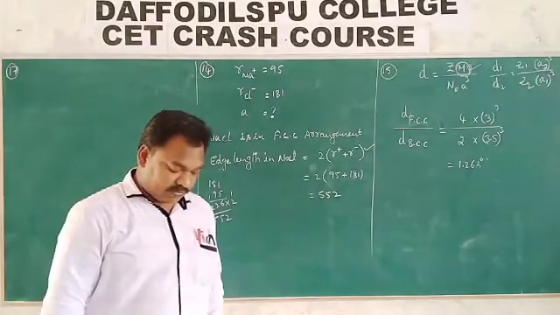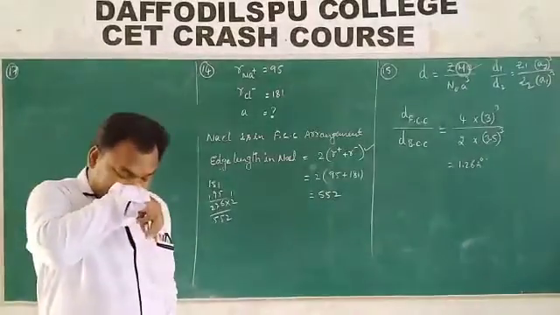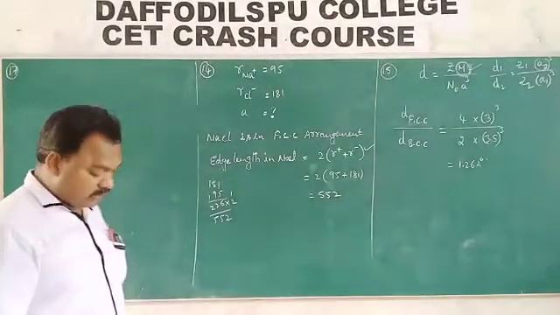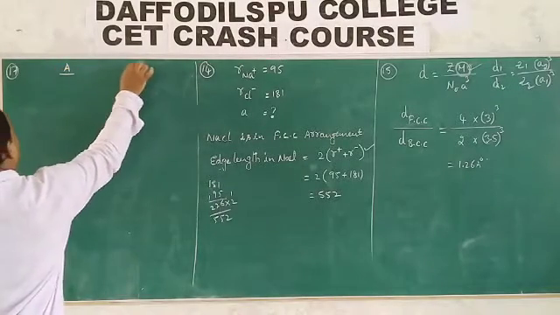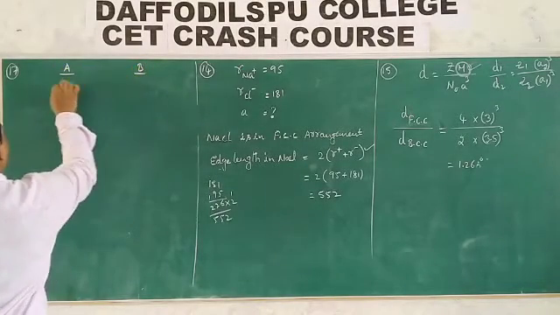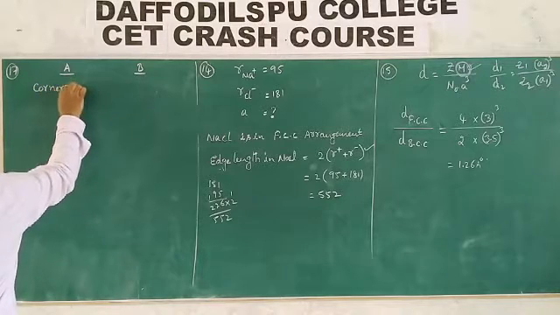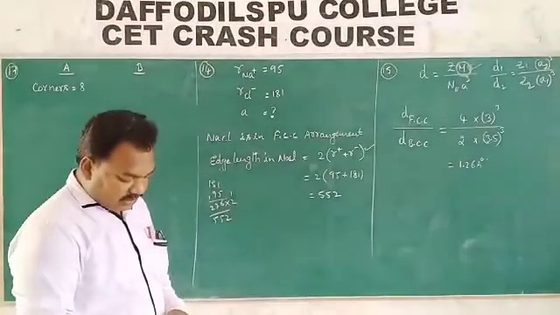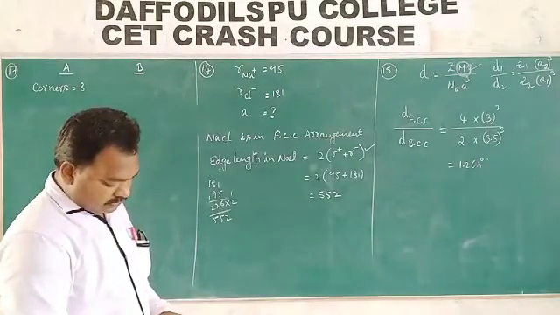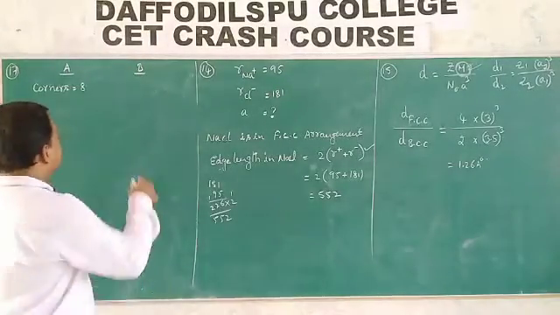The simplest formula is. So where are these atoms present? A atoms are present only at the corners. B atoms are present at the face centers.